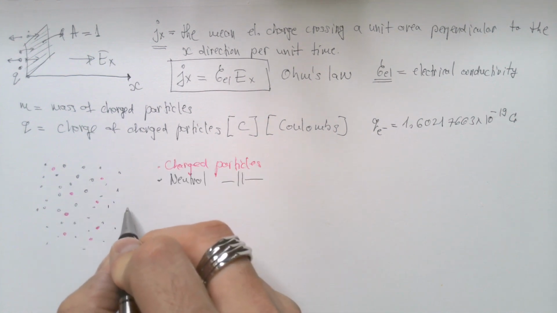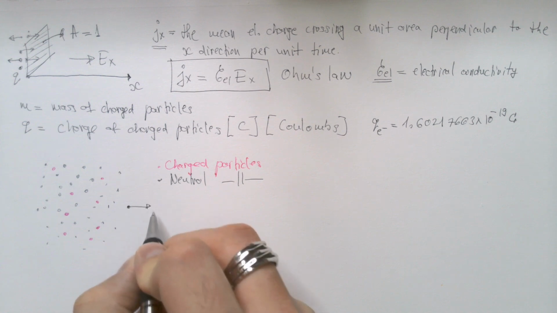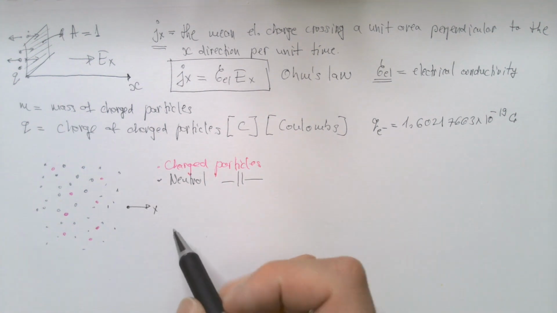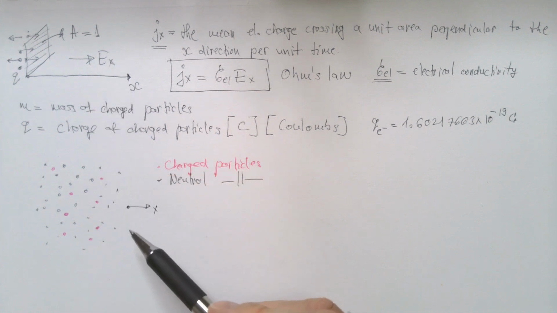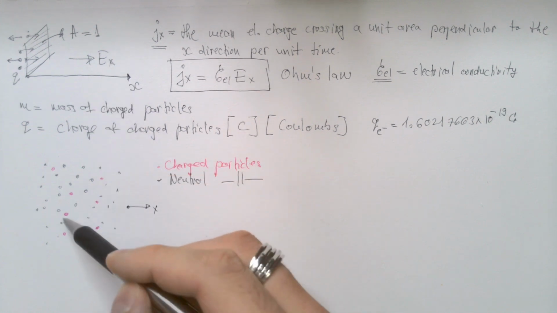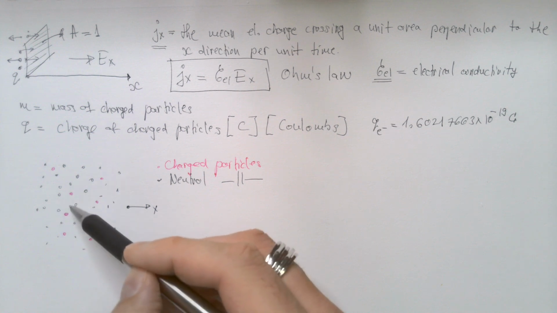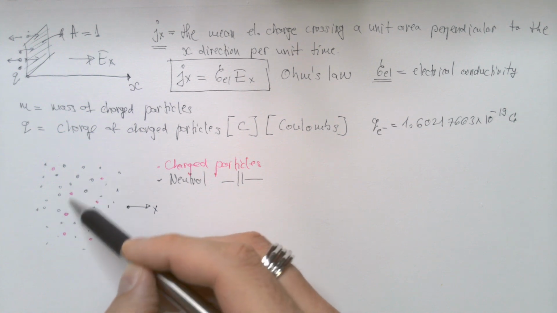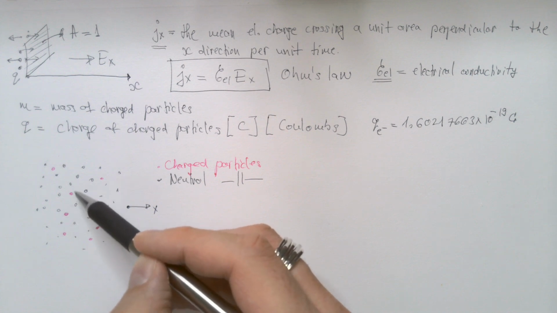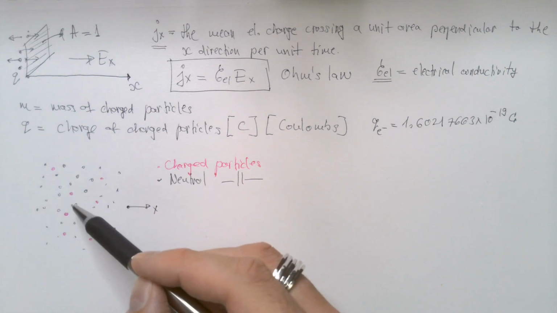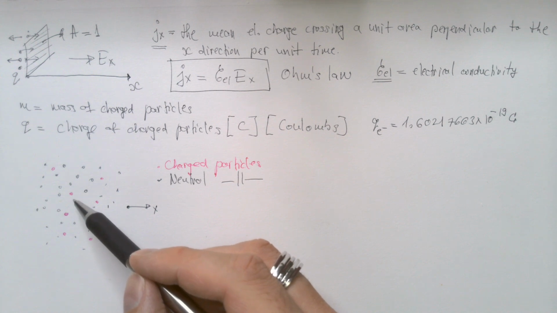And further, let us assume this is my x direction. Before we turn on the electric field, we need to realize that these charged particles are bouncing off these neutral particles or other charged particles in random directions, and overall there is a temperature equilibrium in this gas.